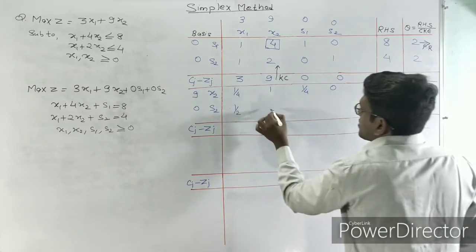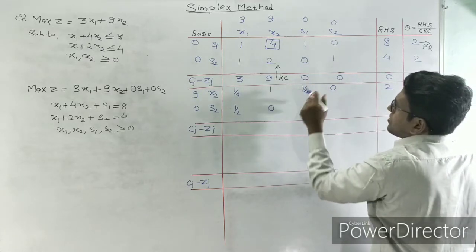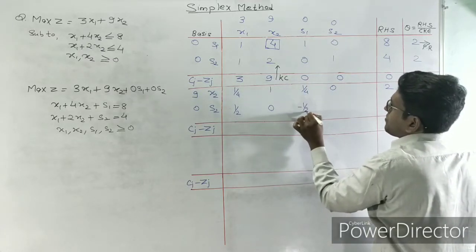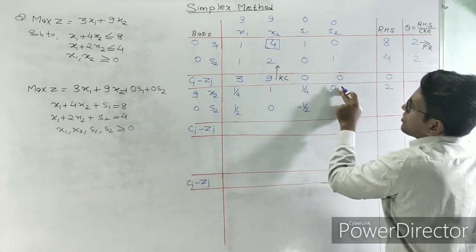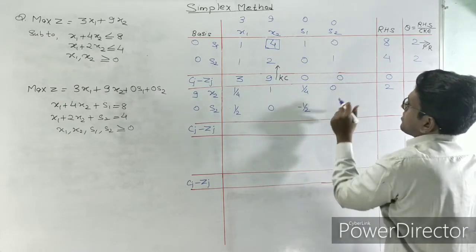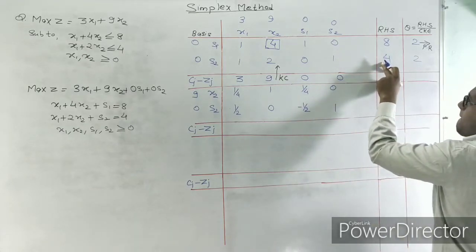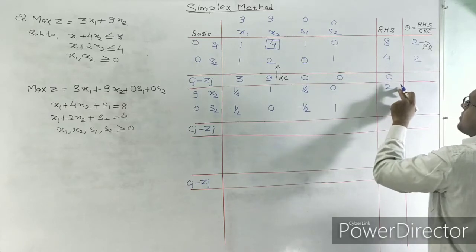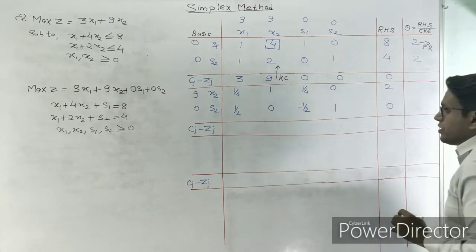Okay, and this will be 0. This minus this will be minus 1 by 2. This is 1 minus 2 times 0, this will be 1. This minus 2 times this, 4 minus 2 into 2, 4 minus 4 is 0.